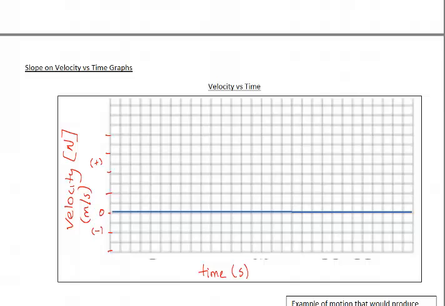So suppose that an object is traveling north. What we see here is a positive slope, and it represents the average acceleration north. It basically shows that speed is increasing at a constant rate.